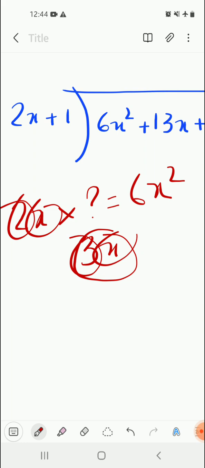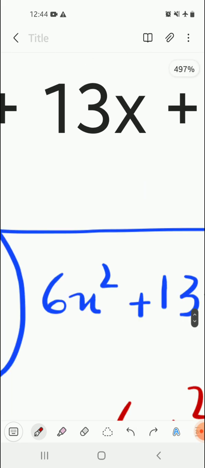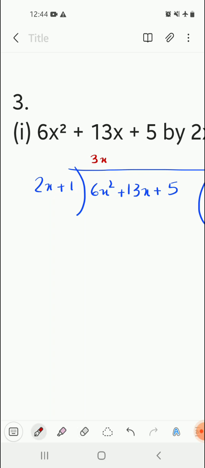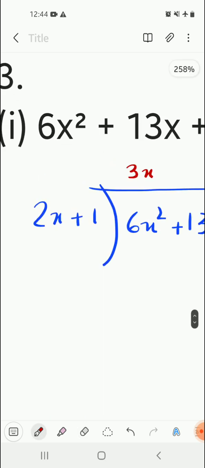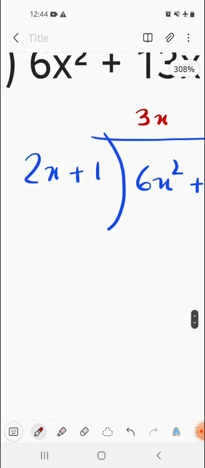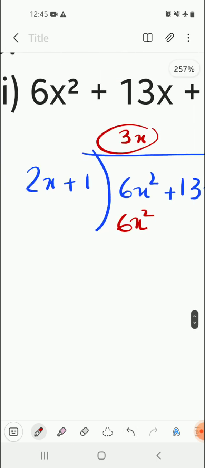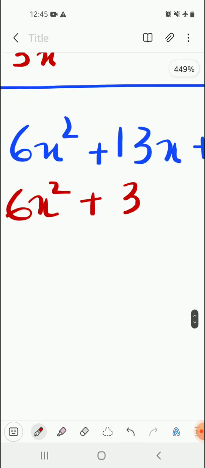So we are going to use 3x over here in the place of the quotient. Now, once we use it, our aim has to be matching the first term, that is 6x square. So now, 3 into 2 is 6. x into x is x square. So we're going to write x square. Next, 3x into plus 1 is plus 3x. So we're going to write it here.